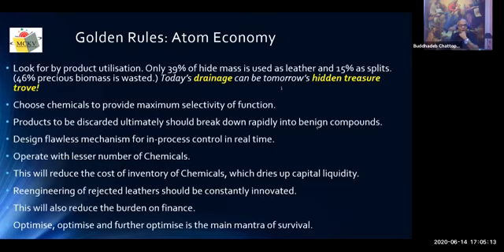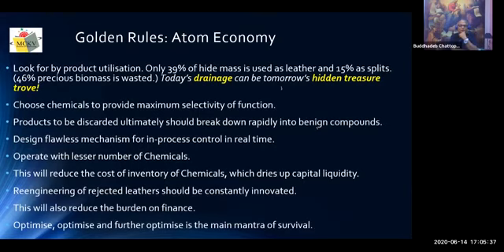In each and every tannery, you will see heaps lying with the rejected leathers, blocking the cost of the material, blocking the money due to the inventory of non-moving material. This will create a burden on the finance.